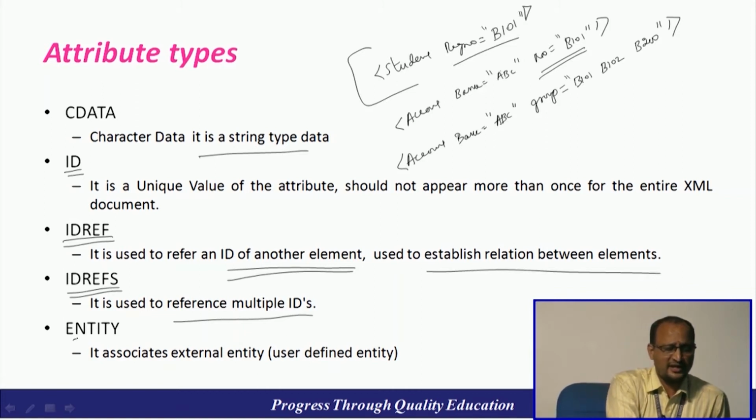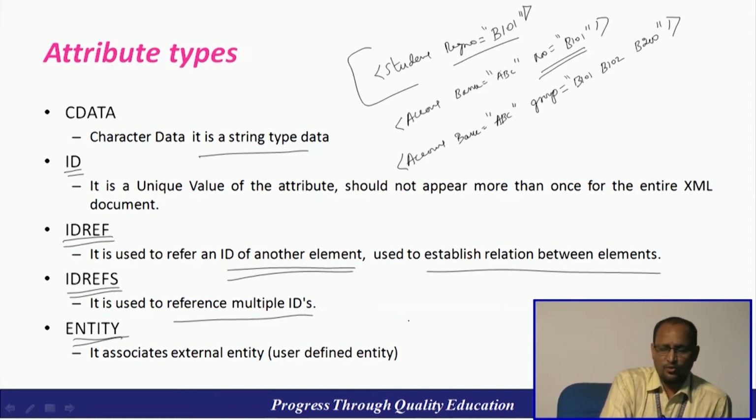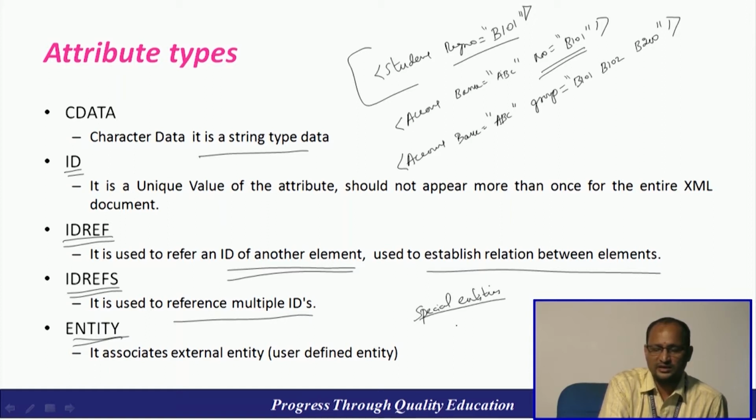Next, entity. We have already studied what an entity is. An entity is a kind of abbreviated text. We have learned special entities. What are the special entities? Ampersand is a special entity, so it should be given as &amp;. I hope you remember this.